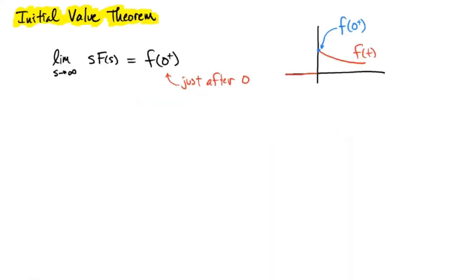There's a similar result, the initial value theorem, that provides information about the time domain function close to 0, based on the Laplace transform. In this case, we're evaluating the limit as s goes to infinity of the product s times the Laplace transform. And that gives us information right after t is equal to 0 of the original time domain function.